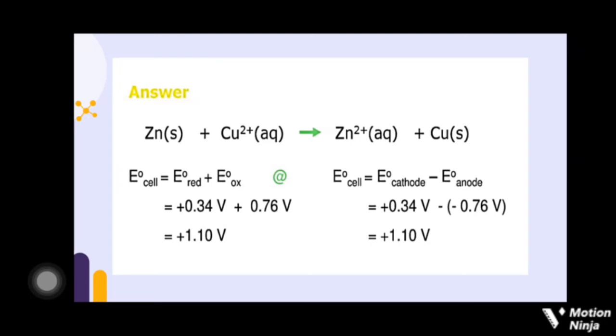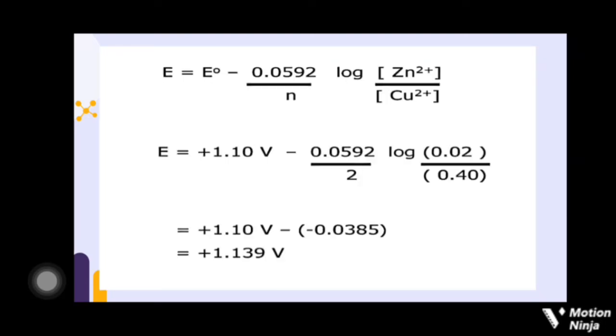So first, before you use the Nernst equation, you will need to calculate first at the standard state condition. So first, you have to write the overall cell reaction, which is zinc solid plus copper 2 plus aqueous, producing zinc 2 plus aqueous plus copper solid.